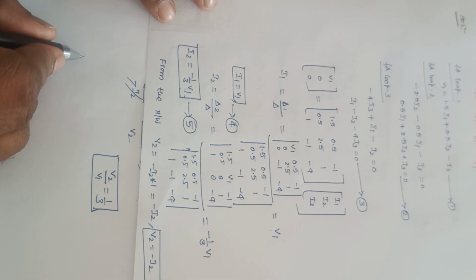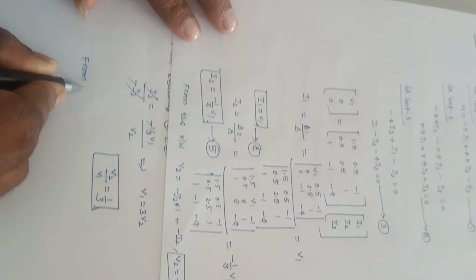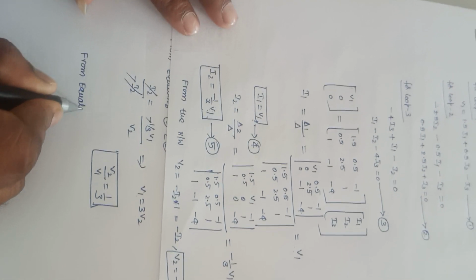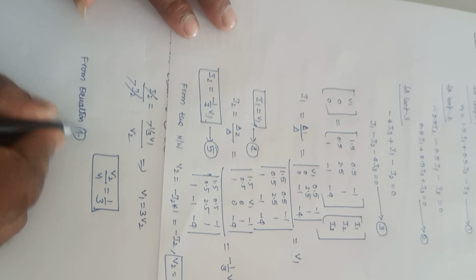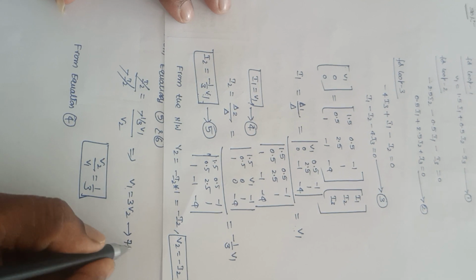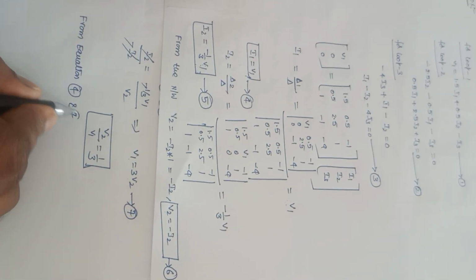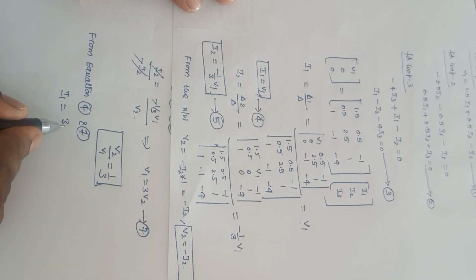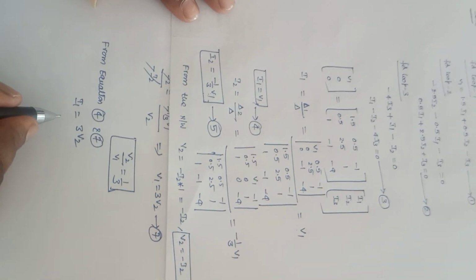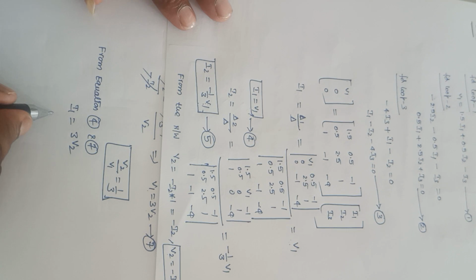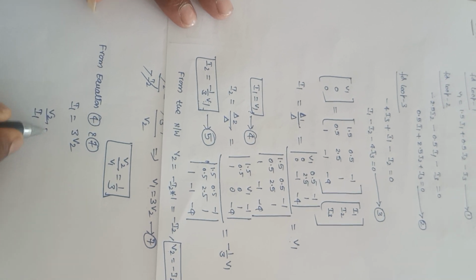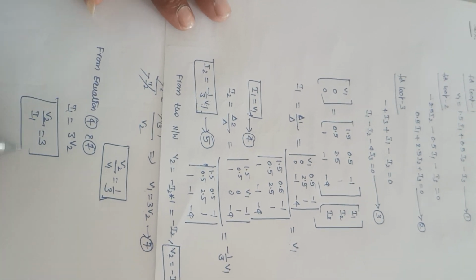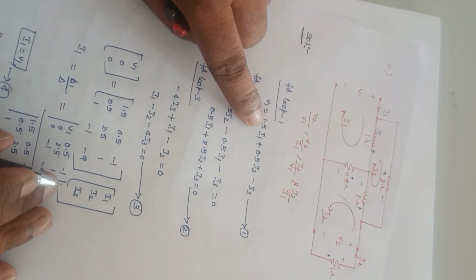From equation number 4 and this, let us assume it is 7. From 4 and 7, I1 is equal to V1, and the V1 value is 3 into V2. So what I need to find, V2 by I1, is equal to 3. So the second thing, V2 by I1, is over.